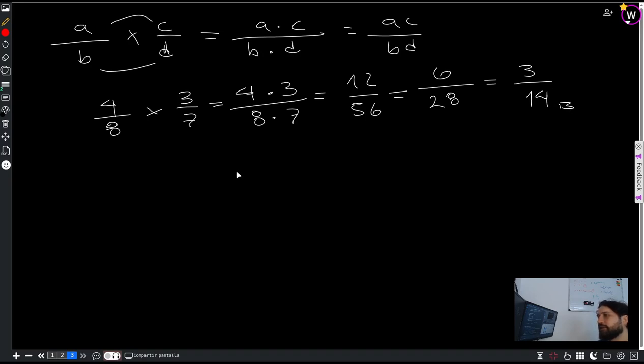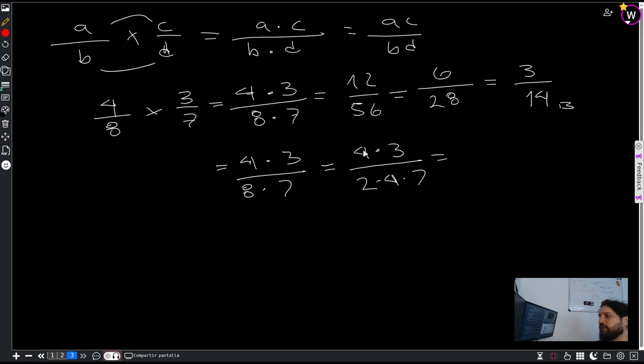Now there's another way I would suggest you could look at this. For example, we can use the rules that we've seen before. If we have something like 4 times 3 and 8 times 7, we can also express the 8 as 2 times 4, so here we could do 2 times 4 times 7, right? And this is the same thing.